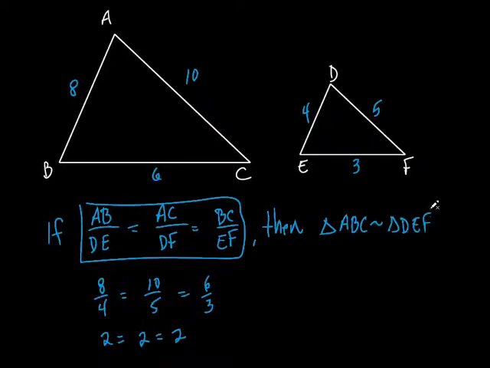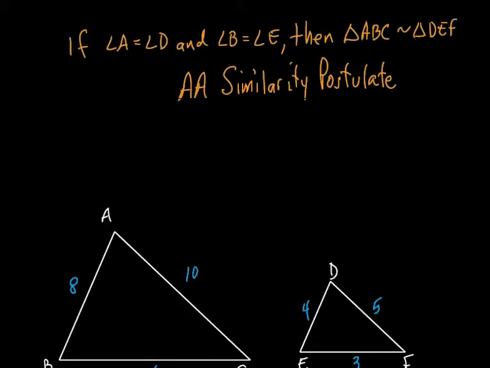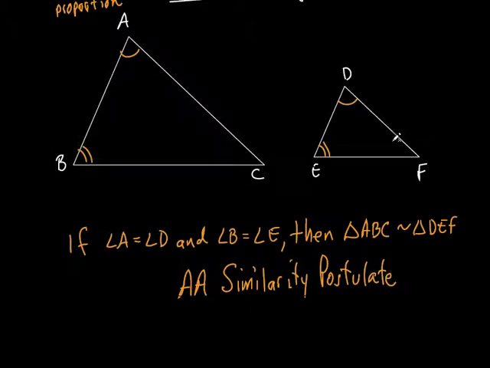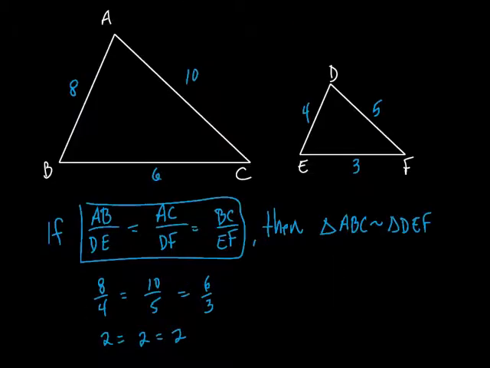I didn't know anything about the angles this time, did I? The other one that we talked about, I didn't know anything about the sides, I only knew stuff about the angles. This one, I don't know anything about the angles, but I know everything about the sides. If I compare the corresponding sides, they all equal the same thing, which means they are in proportion. So if the three sides are in proportion, then they're similar triangles.